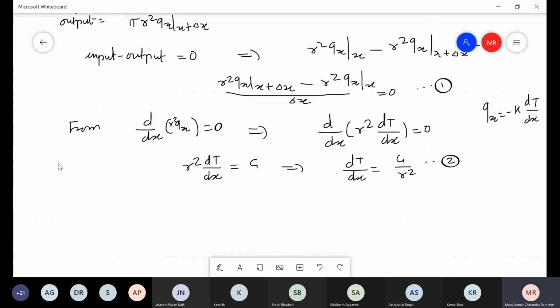Remember, here I have not got rid of r square, because r and x are related. They are not independent. Unlike the previous case in today's class, where we took r out from the bracket, here we cannot take this r outside of the bracket. If I go back and see the figure, you will understand why.